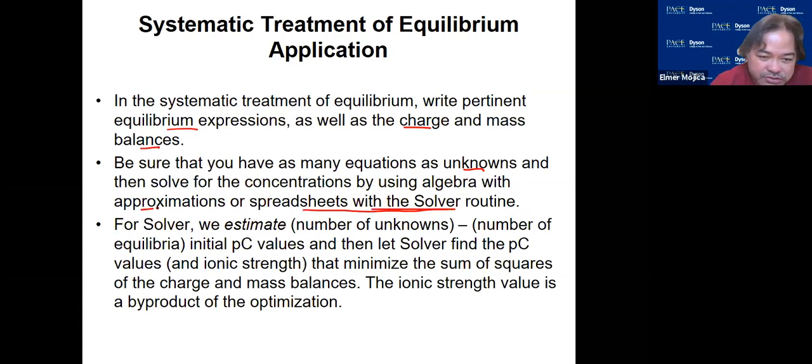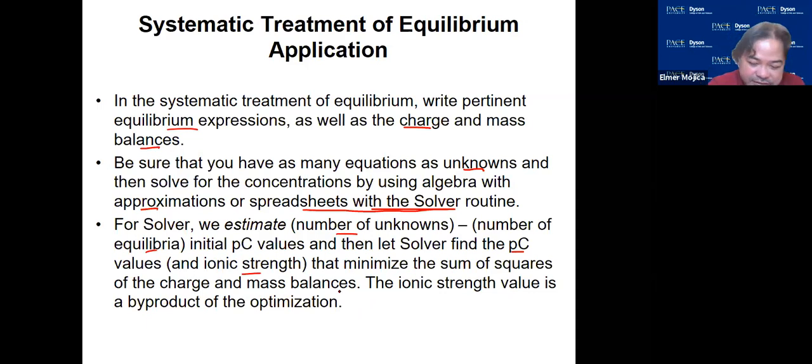So mostly we're just going to use the approximation, because the solver is software. We estimate the number of unknowns minus the number of equilibria, so it will give us the initial pC values, and then let the solver find the pC values and the ionic strength that minimize the sum of the squares of the charge and mass balances. And the ionic strength value is a byproduct of the optimization.